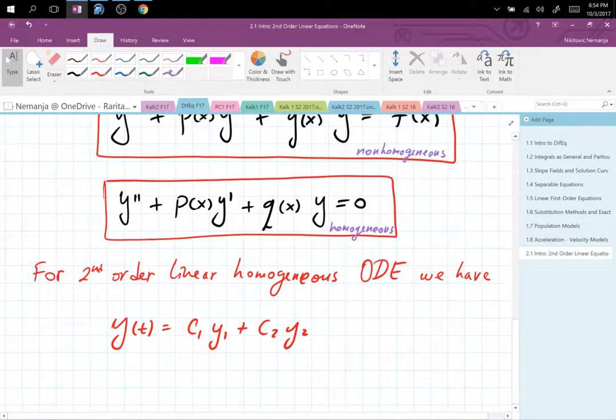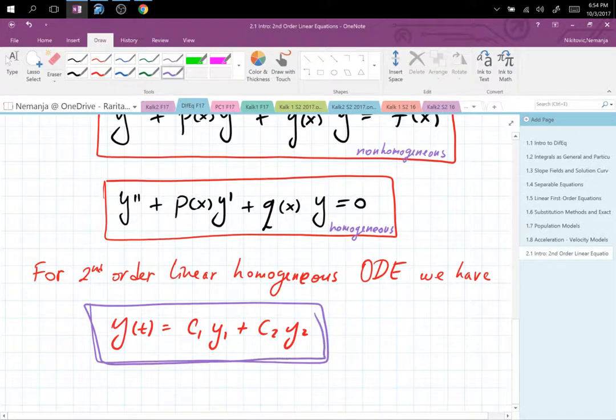So this is the principle of superposition. That is just a fancy name for us piling up the solutions into one linear combination.